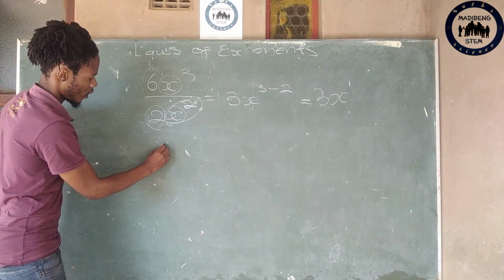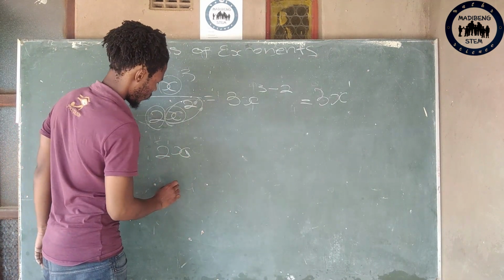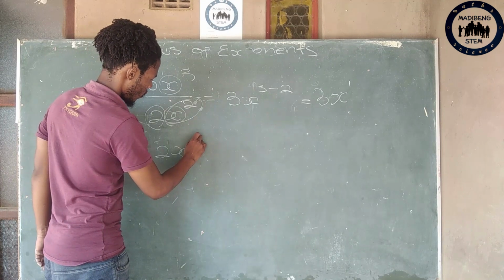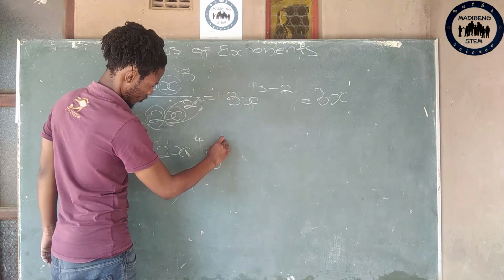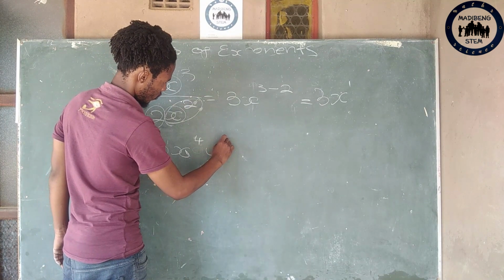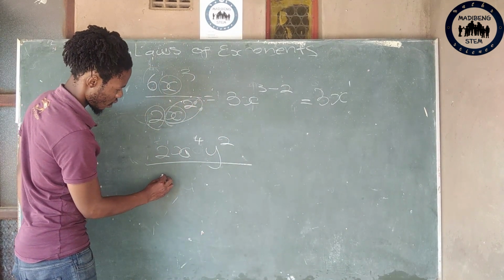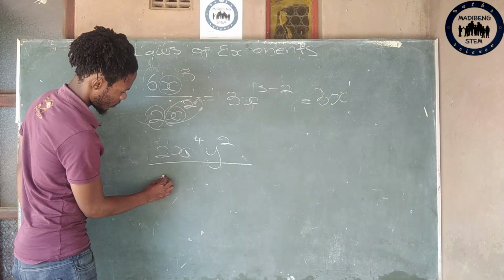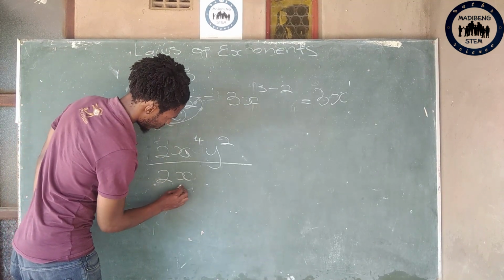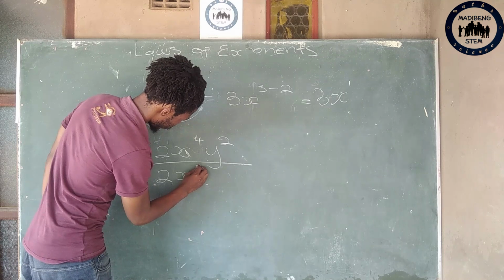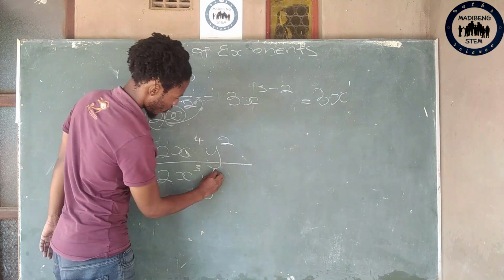So what if now we have 2x to the power 4, y to the power 2, divided by 2x to the exponent 3, y to the power 4?